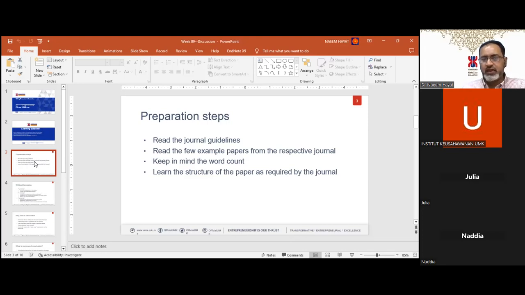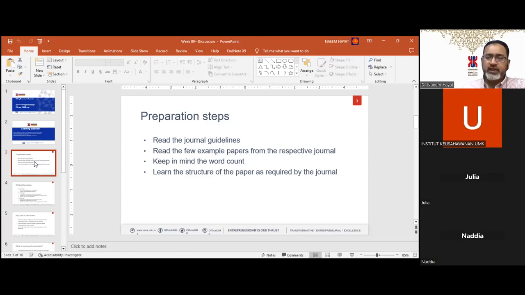So we must understand the journal guideline for the word count, the structure, the font size, and the font style they are asking us to follow, as well as the citation style, because there are different citation styles available. It varies, so we must have a first-hand understanding of the journal requirements.